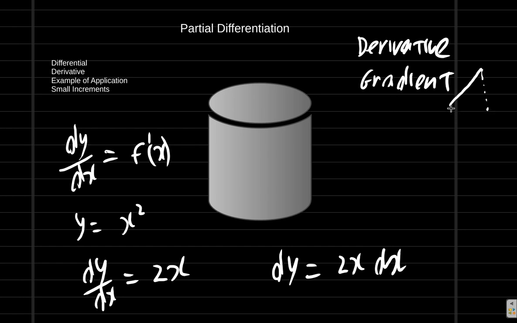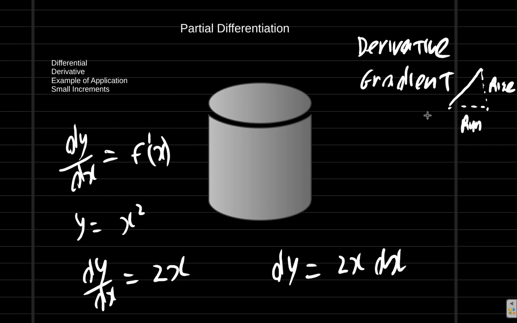It's like rise over run. The change in y is dy, which is the up and down movement, that's the rise. The run is dx, which is the left and right movement, that's run. So it's really the slope or the gradient of a tangent to a curve.